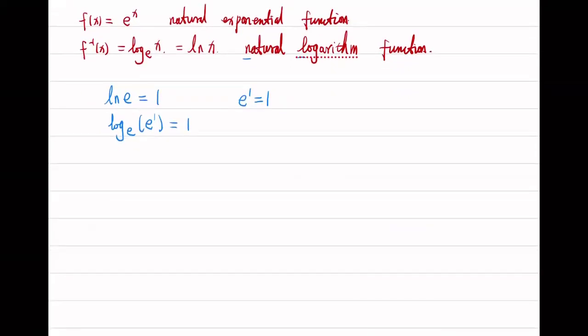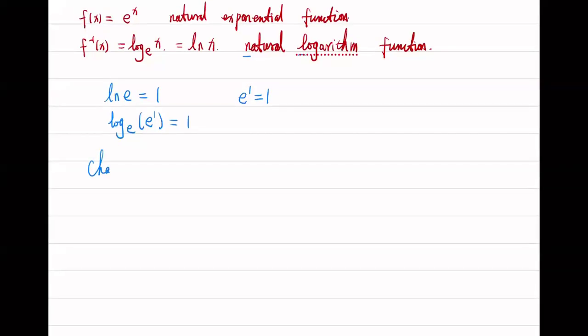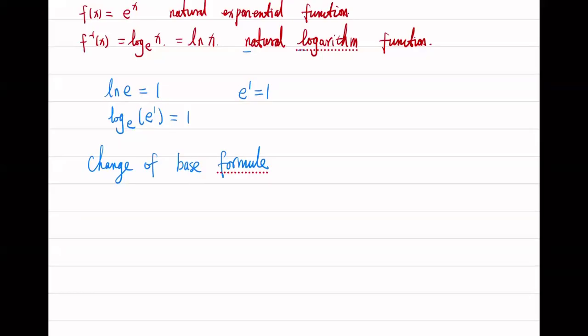Another extremely useful formula, and we use this very often, is the change of base formula. It's very useful. We use this very often. A general base is the quotient.